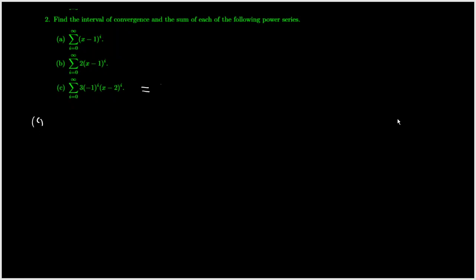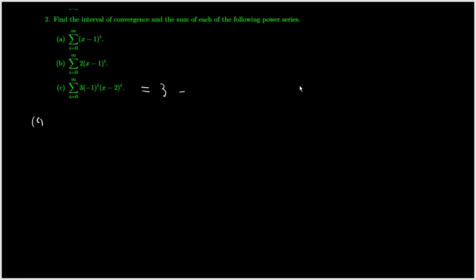I think the initial term is 3, right? I call that term 0. The next term is term 1, determined by the index value of 1.